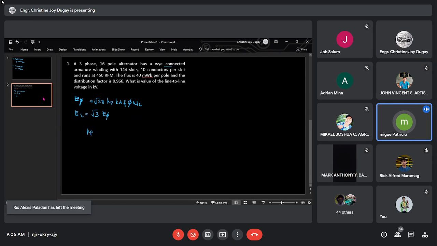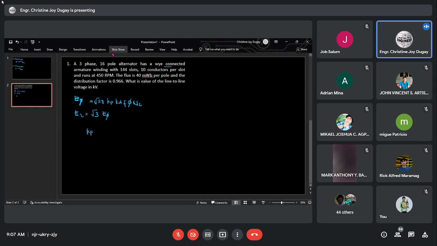Ma'am, it is 1 since it is full pitch. It will be 1. Pole pitch, 144 over 60. Our Kp is equal to 1 since we may solve Kp from sine of 90 times the pitch factor.